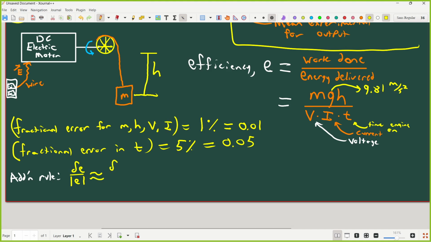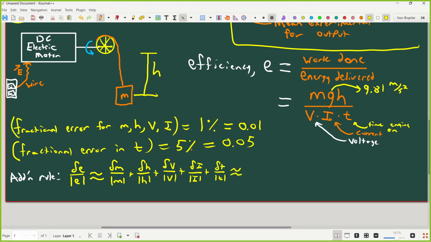So we're going to have this equal to dm over m plus dh over h plus dV over V plus dI over I plus dt over t.